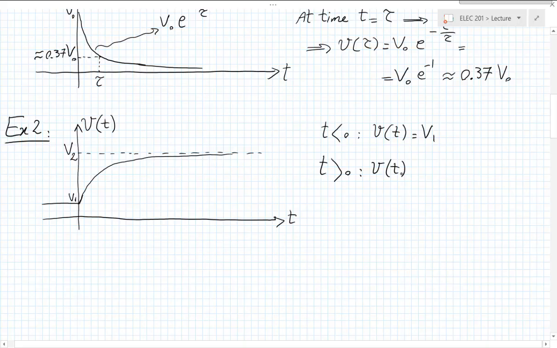First of all, it should be something that at t equals 0 gives me V1, right? Second, it should have some exponential dependence, but such that after infinite time, that exponential part has gone away, things have settled, and I've reached V2, right?